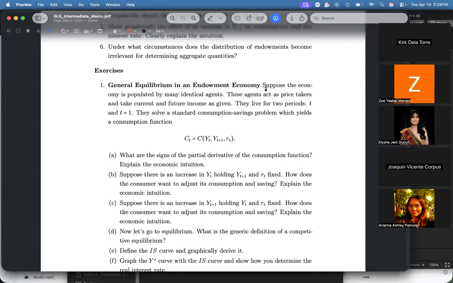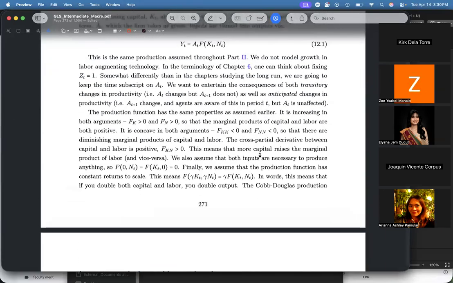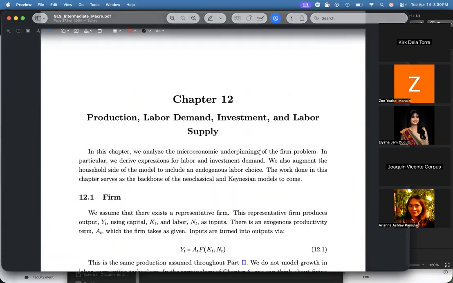So now we will continue, spend the 20 something minutes for the next part here, which is chapter 12. Okay. So now we're going to move into something more complete, right? We're going to do production finally. We're going to leave endowments behind to a certain extent. We're gonna do labor demand, investment, and then labor supply.